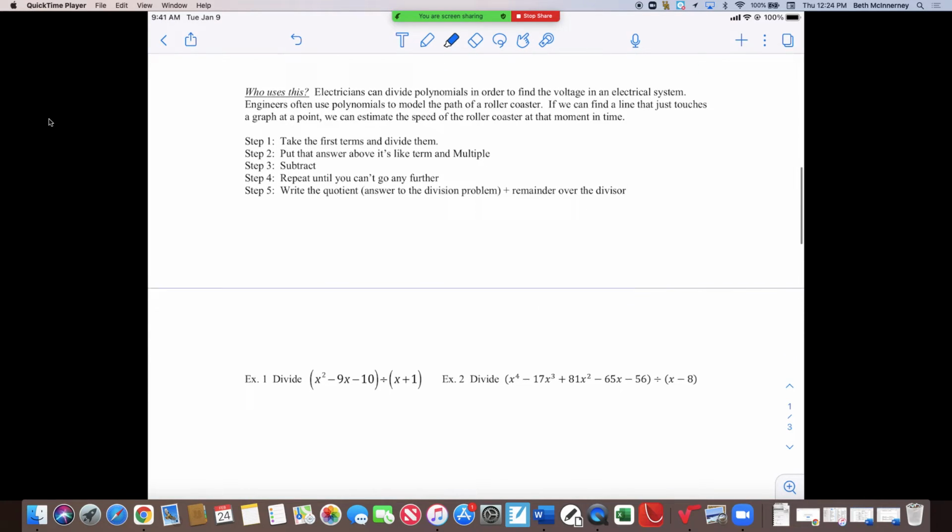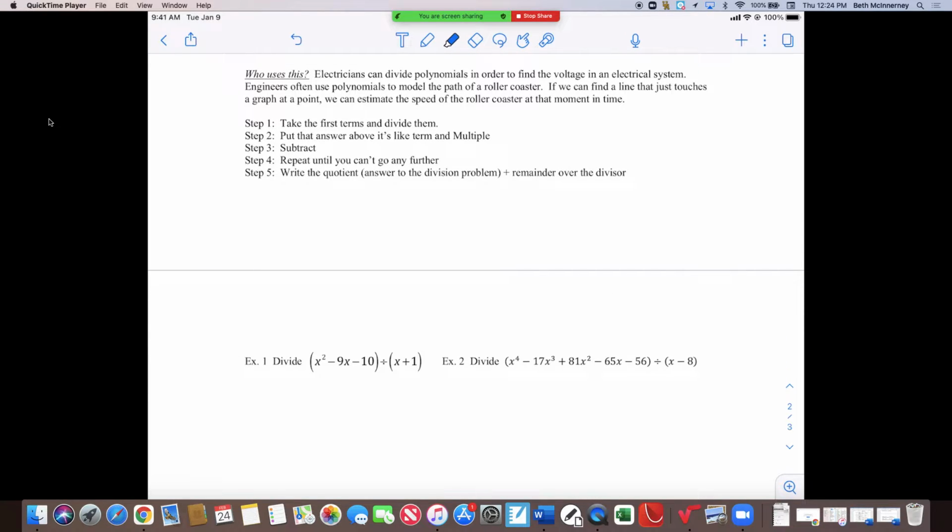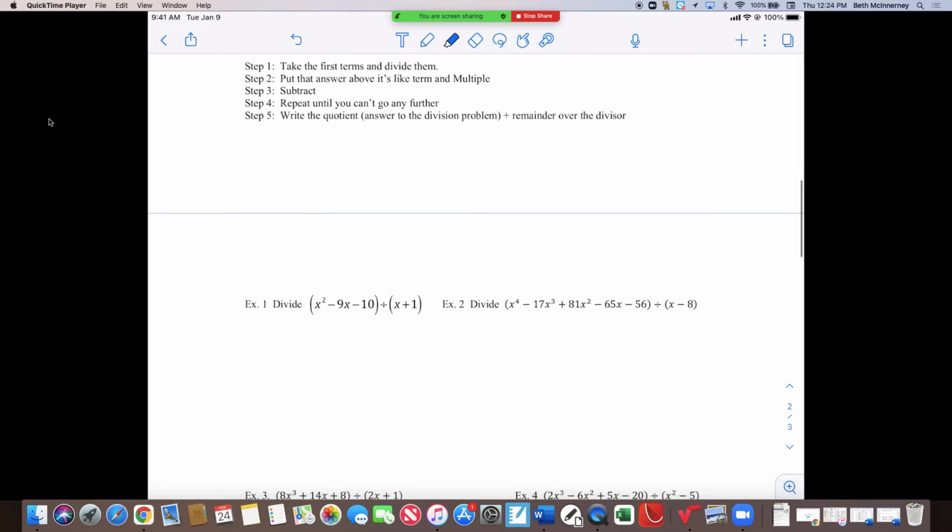So here's the process. I wrote it out for you, and then we're going to do 4 problems. We're going to work nice and slowly here. Step 1, take the first terms in each location and divide them. We're going to do example 1 as we work through these. My first terms are x squared and x.